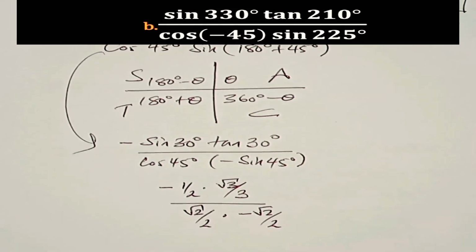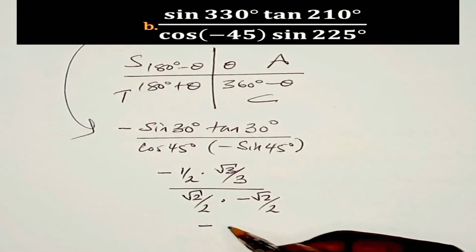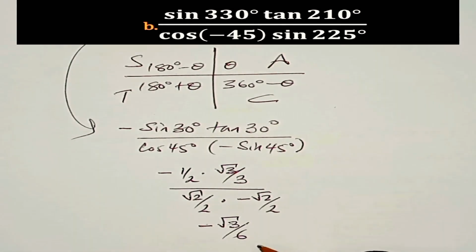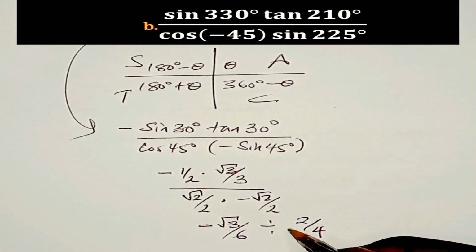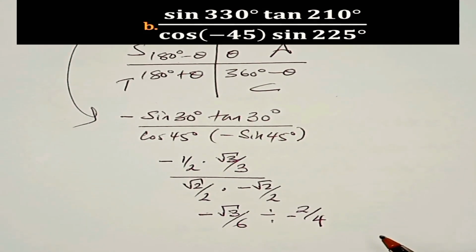Now, let's simplify what we have. So this is going to give us minus root 3 over 6, divided by minus 2 over 4. All right. And now we just need to simplify that.